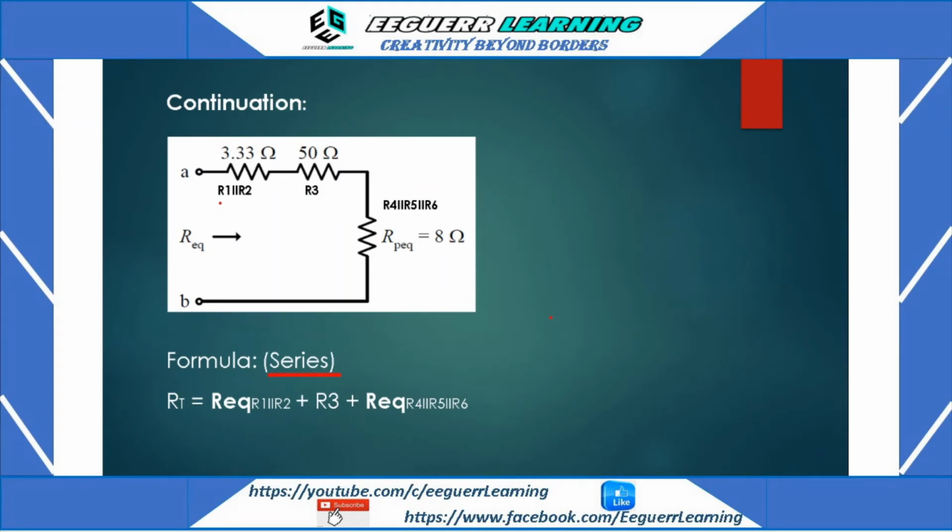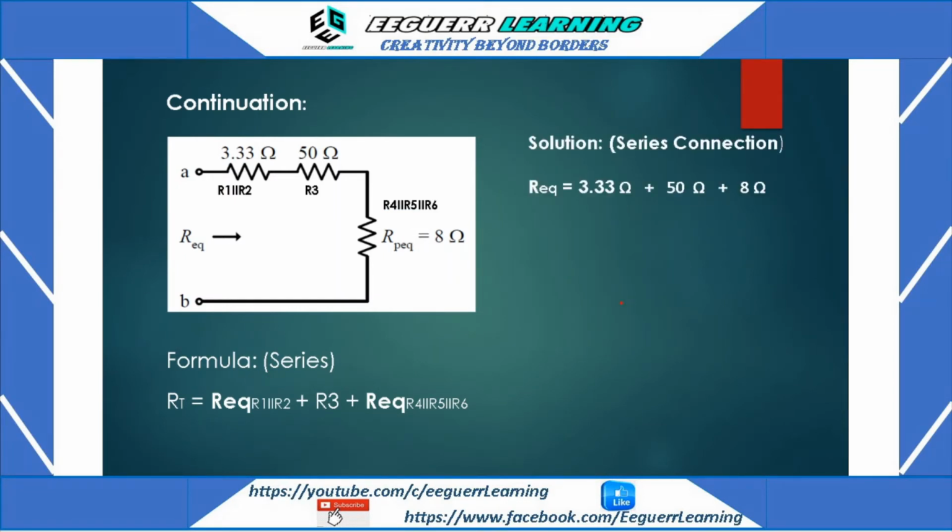Okay, so we're just going to add R1 parallel to R2, plus R3, and this R total for the parallel R4, R5, and R6. So this is our formula. The total resistance, or R equivalent, of R1 and R2 plus R3 plus R equivalent of R4, R5, and R6 will give us this one.